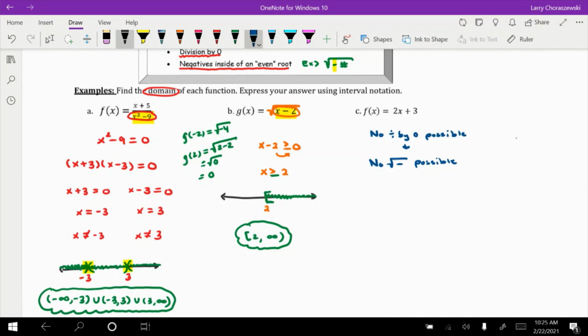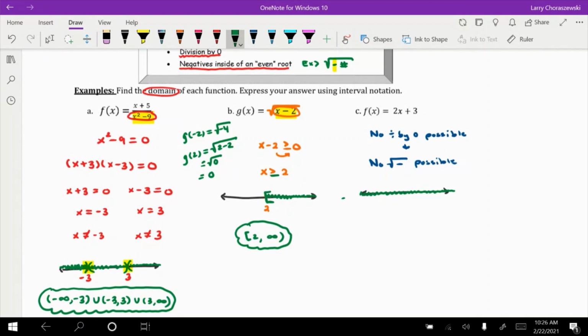So what that means is that we can use any value of x from the number line as an input for this function. Any value of x that we plug in will give us a legitimate y value. And so if we draw a number line, that would mean we'd have to shade the entire thing. Every number that I've shaded on this number line would be a valid input for this function.